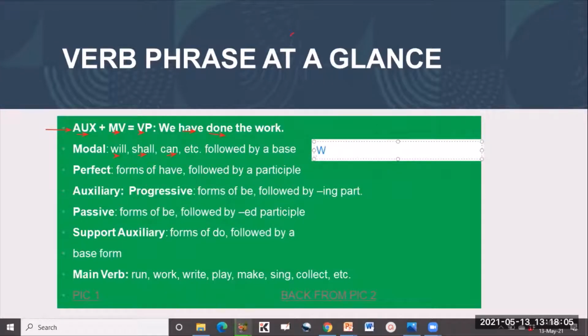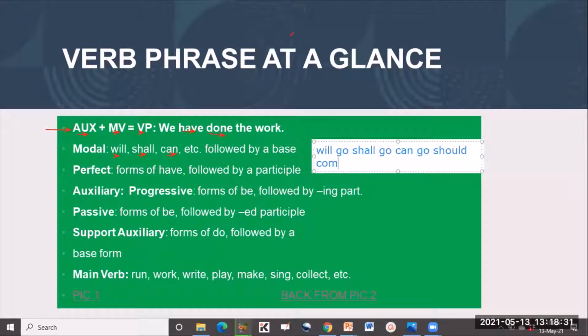Now, when we have will go, shall go, can go, all right. Should come. For example, these are all possibilities.